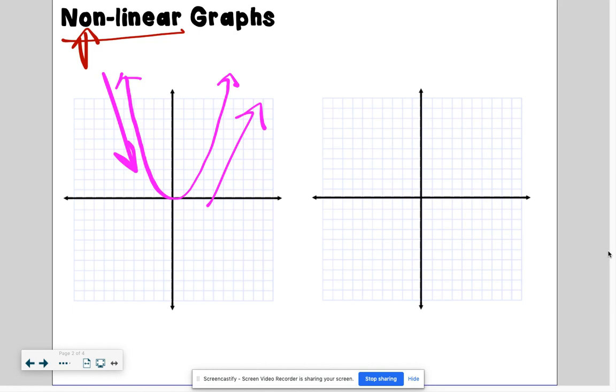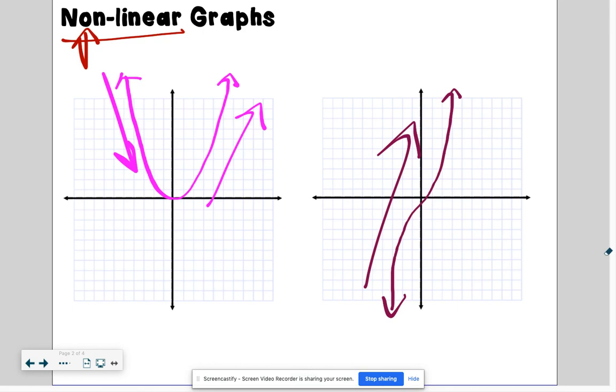There's a couple other examples of nonlinear graphs. Remember, it's literally anything that's not straight. Here's another one that you'll see when you get into Algebra 1. We can see that even though this one is increasing the whole time, it curves a bit in the middle. So it doesn't have a constant rate of change. It's not changing by the same amount every single time. And then there is one more type of nonlinear graph that you will be seeing.